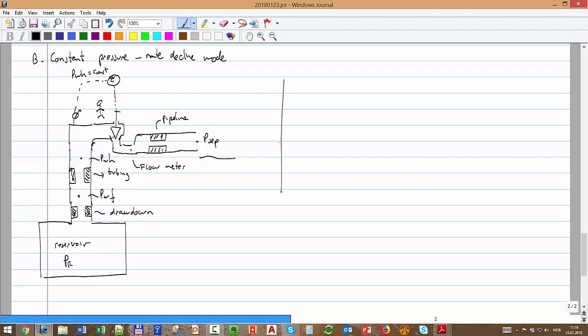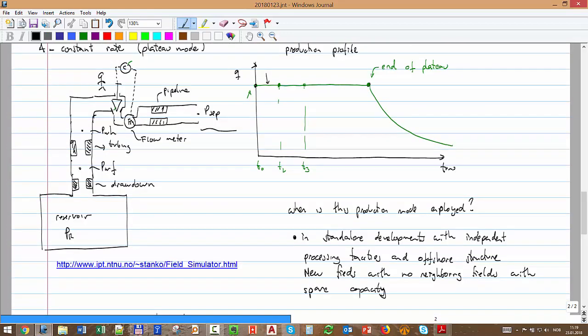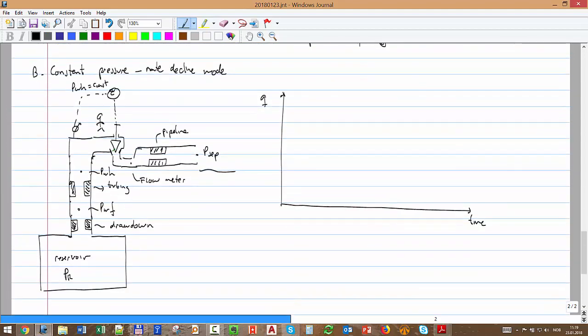So the rate in this case, it behaves versus time. Here I think I forgot to put time, right? It behaves just always declining. Okay, always declining. And here again the same thing applies for this case.